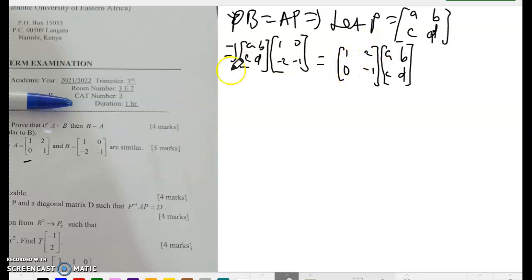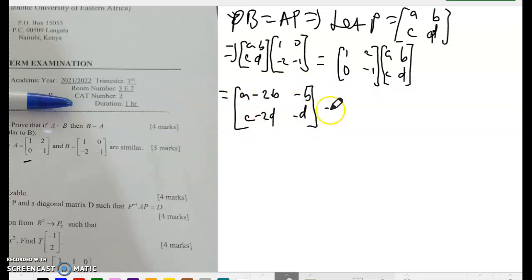If we do that, for PB we simply have a minus 2b, a minus 2b, and then this will be minus b, and this will be c minus 2d, and this is negative d. That is if you multiply these two matrices.